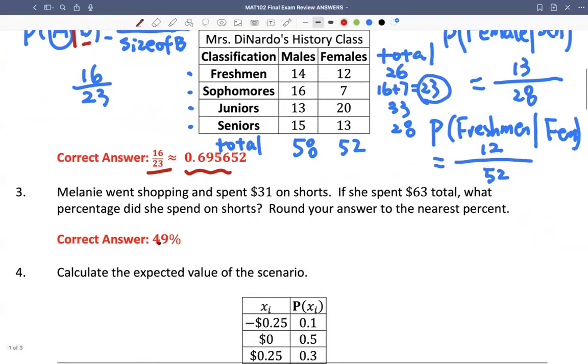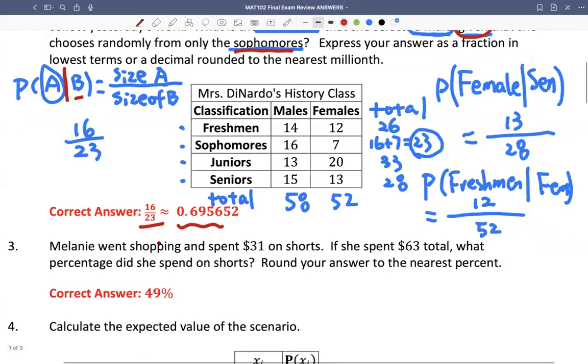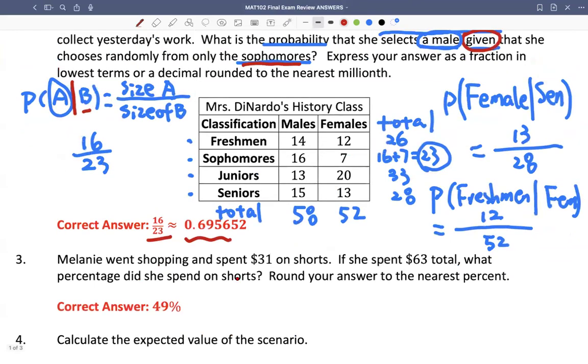Okay, let's see question 3. Question 3 is asking: Melanie spent $31 on shorts. If she spent 63 in total, what percentage did she spend on shorts?